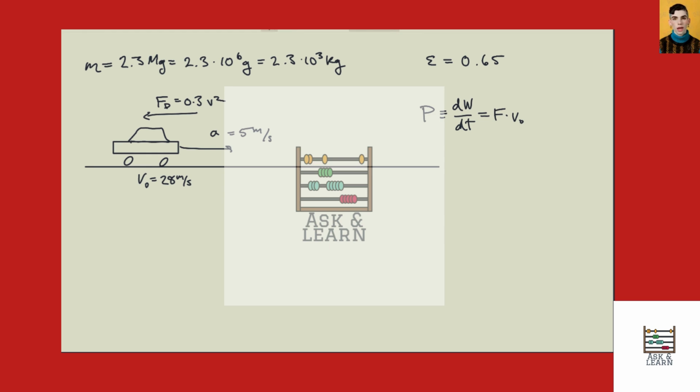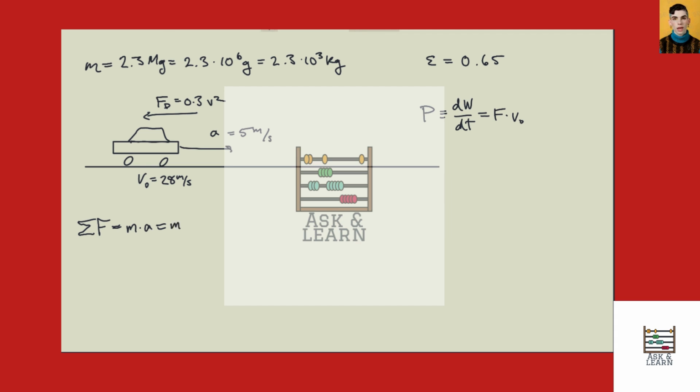Then we're going to be able to calculate a total net acceleration, which will give us a total net force by Newton's second law. So remember the net force, which we'll use in the power equation, is just the mass multiplied by the acceleration, the net acceleration, that is. And here we're going to have the mass, 2.3 times 10 to the 3 kilograms.